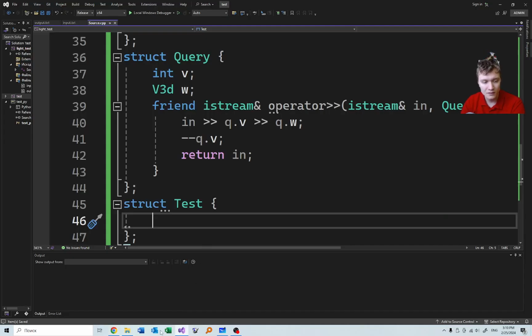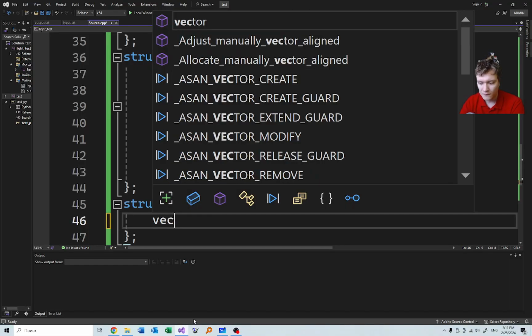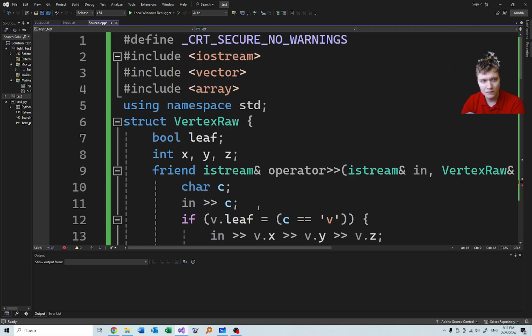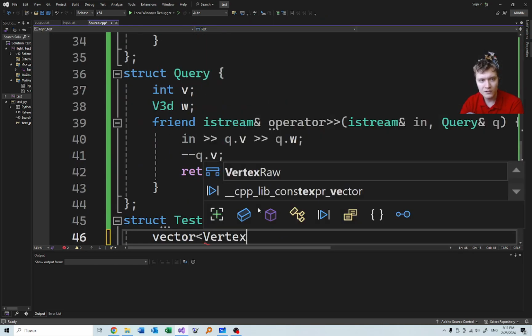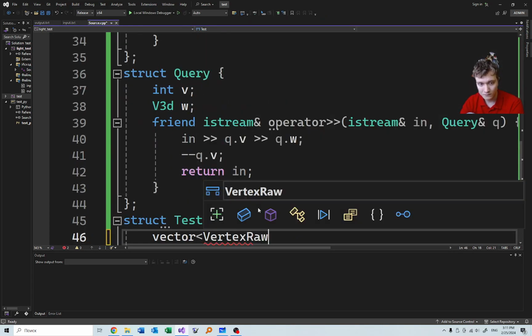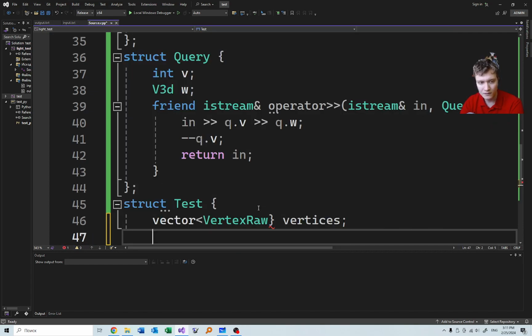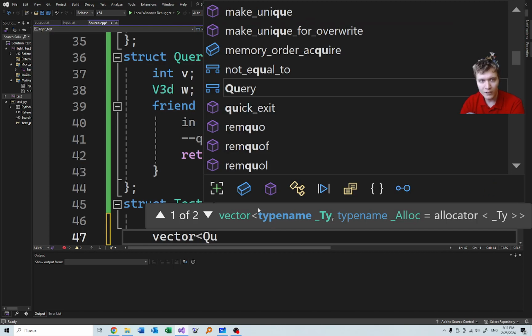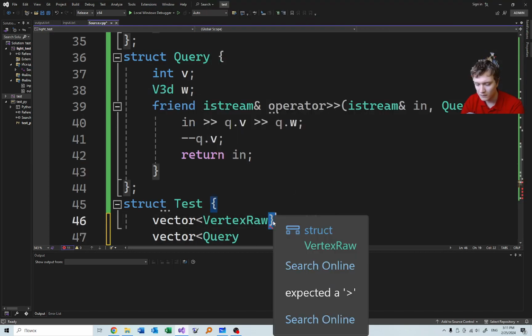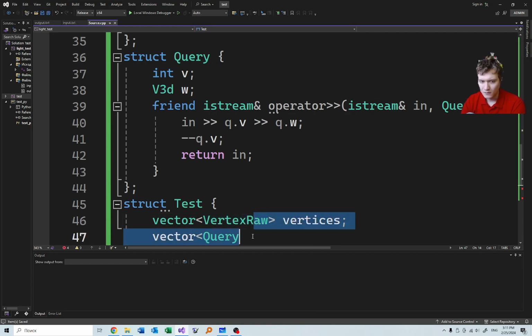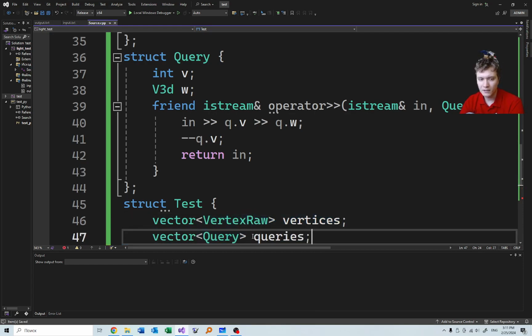So we need vector vertex row, vertices, and a vector query, queries.